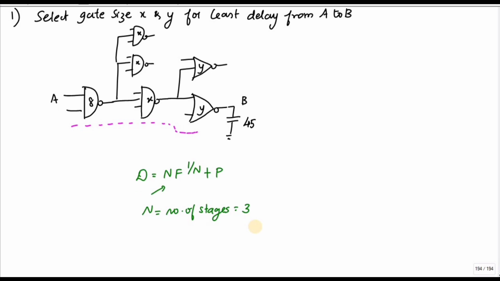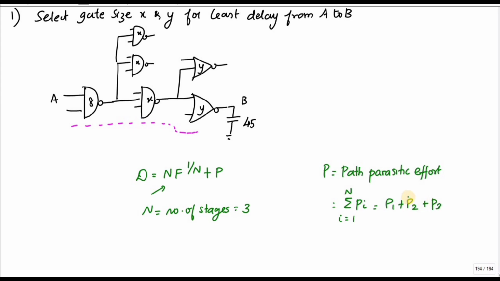Next, P is the path parasitic effort, that is the summation of Pi, where i ranges from 1 to N. So that is P1 plus P2 plus P3.